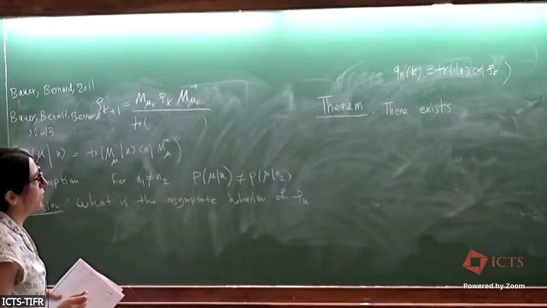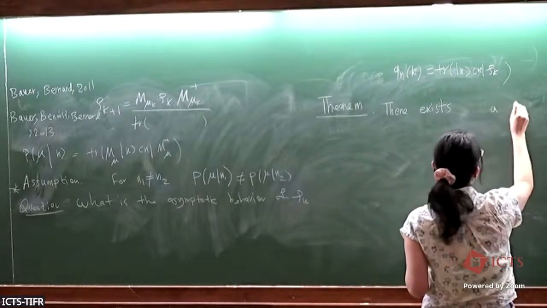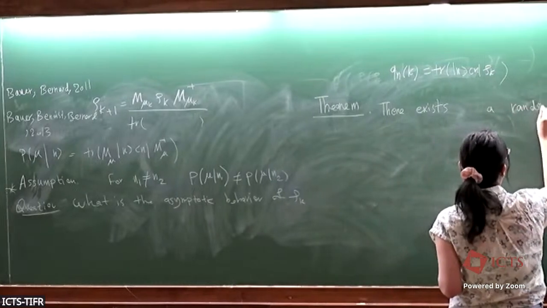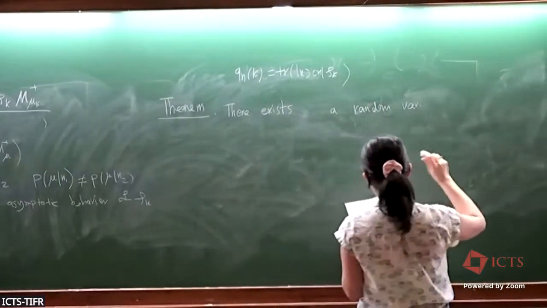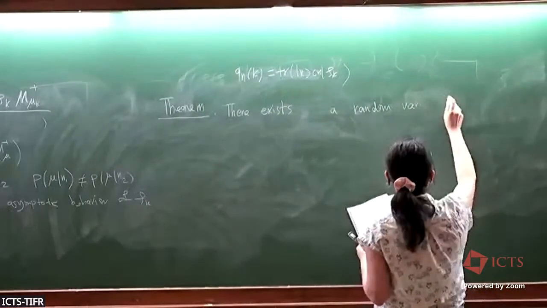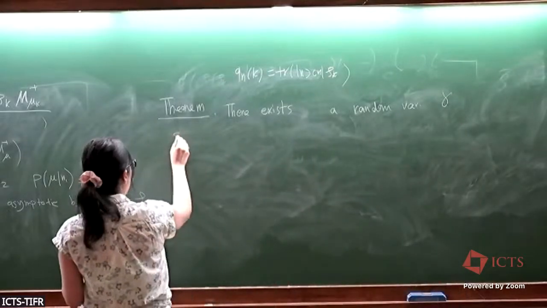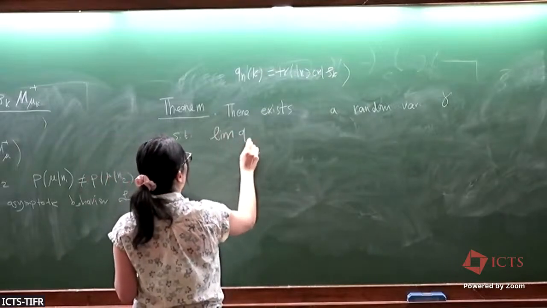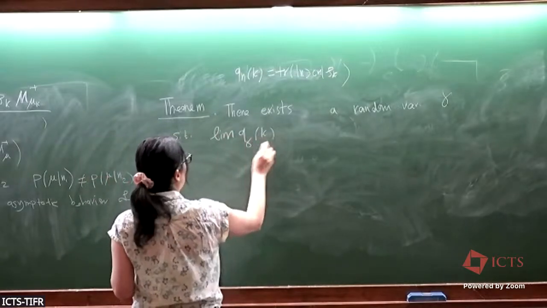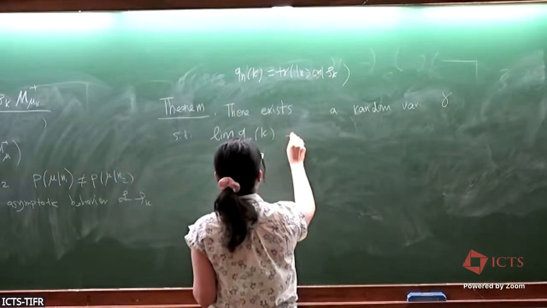They show that there exists a random variable, gamma for example, such that the limit of Q gamma k when k converges to infinity is equal to 1, right?